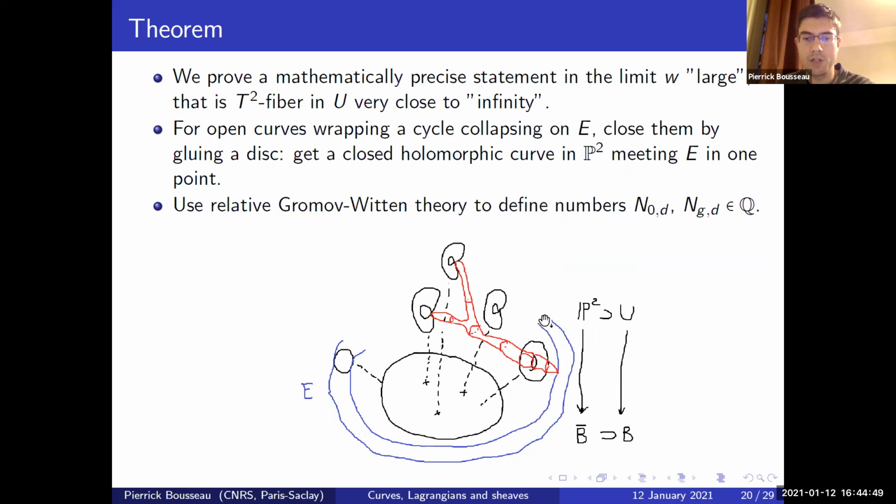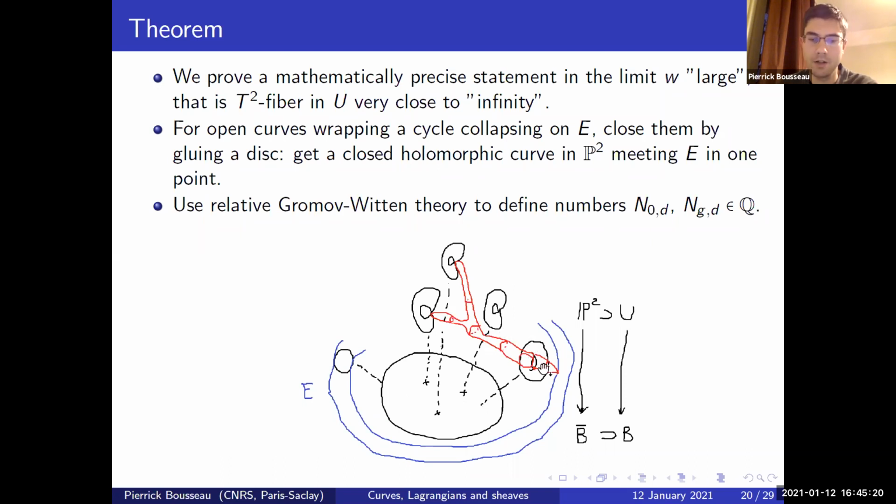So in my original geometry, where U was a complement of an elliptic curve E in P2, I had this picture: I have this blue elliptic curve at infinity sitting over the boundary of the closed disk, and over the open disk, I have my geometry U, which has this torus fibration. And I was looking at a holomorphic curve in red with boundary on such a torus fiber.